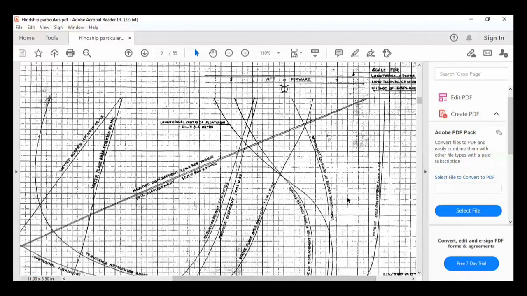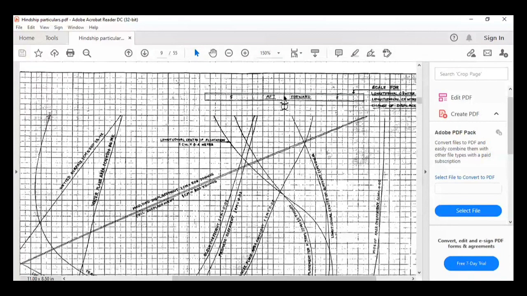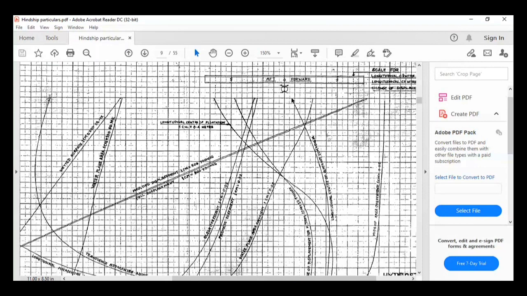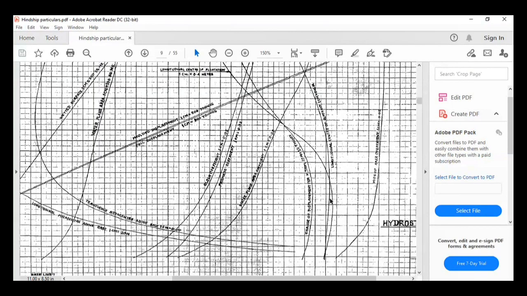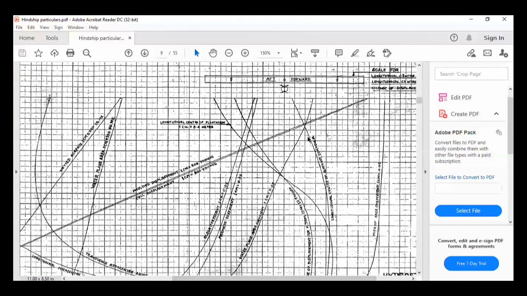Then this is your LCB. Now this is your forward, this is your aft, and this is your midship line. And your LCB was increasing, and at a certain point in time it starts to decrease. It has moved back, so it is going aft. It's going towards midship. So this is your LCB with regards to your midship line, forward and aft line.